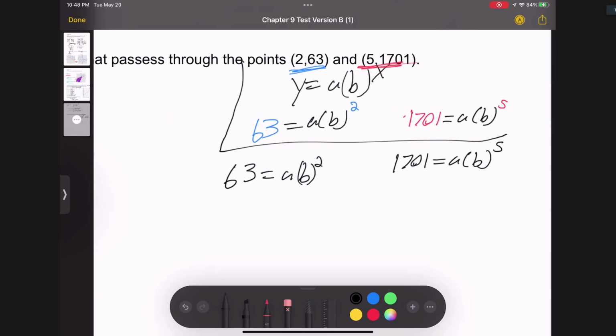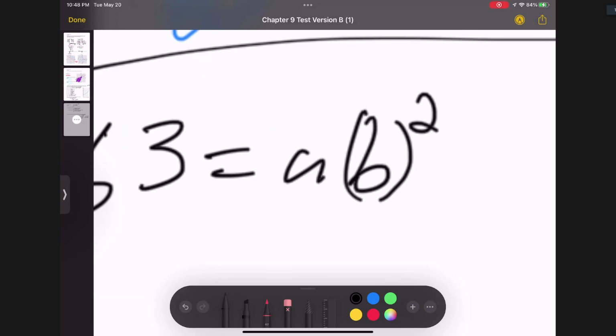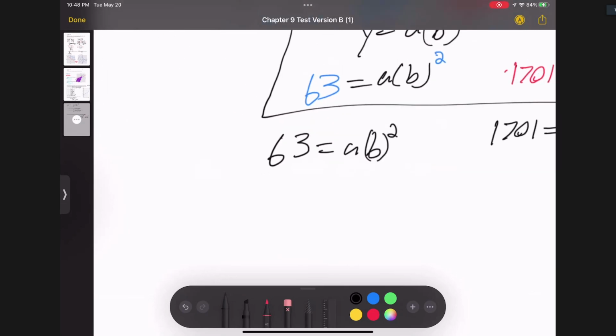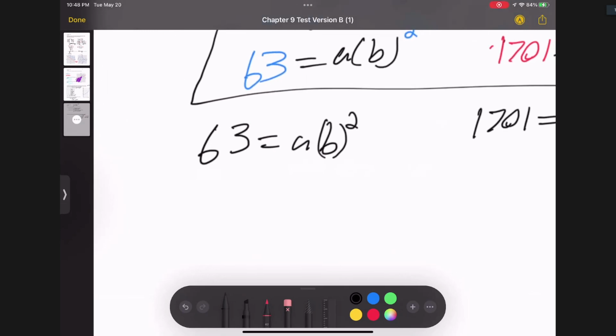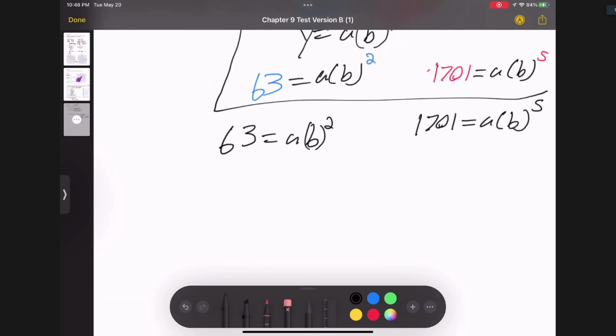Now, again, I always recommend that you actually solve for a. Get a by itself for the lowest exponent for b. So in this case, we got our lowest exponent right there, 2. So we're going to get this b squared by itself.